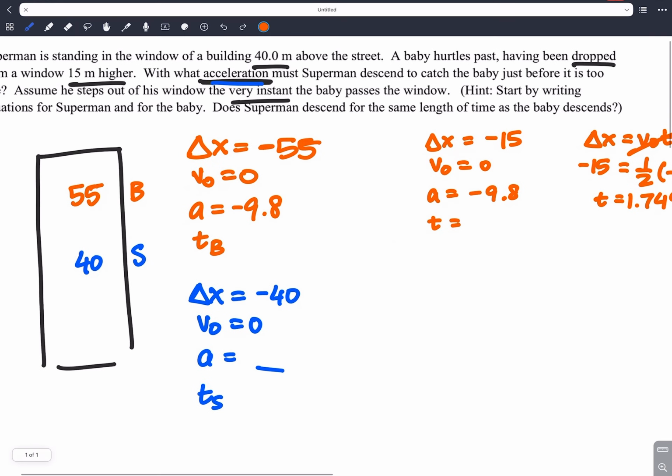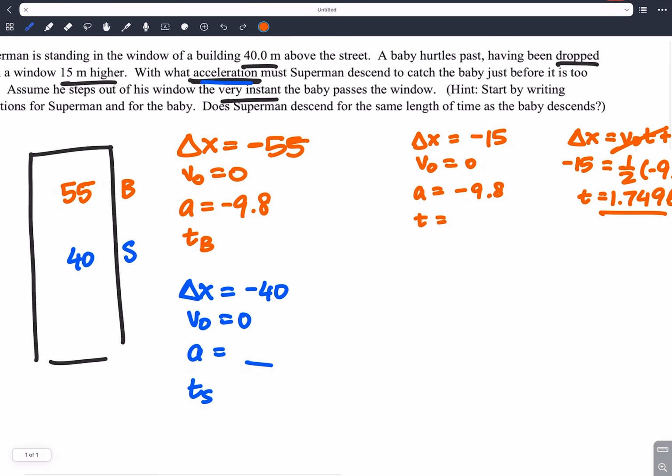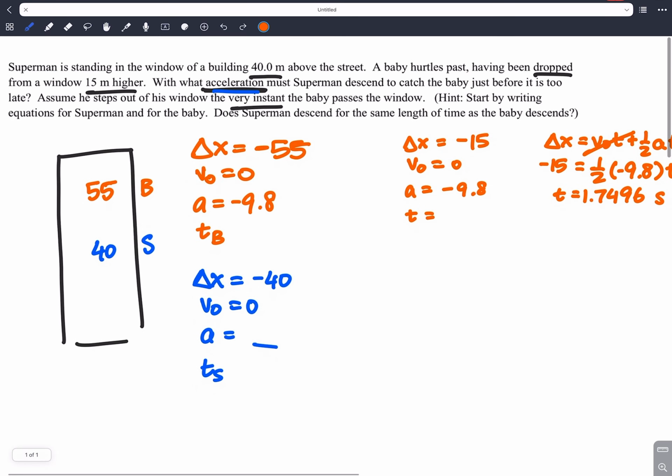Now, we know that Superman is going to travel for this much time less than the baby, because Superman starts off when the baby gets to 40 meters. It says he steps out the very instant the baby passes the window. So the baby has already traveled for 1.7496 seconds when Superman starts out.